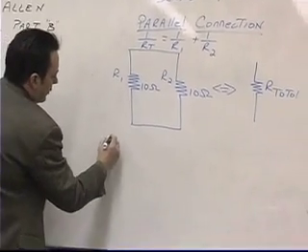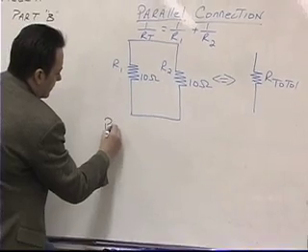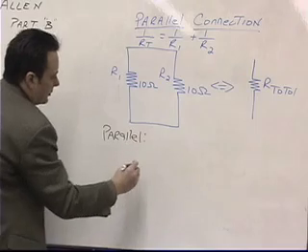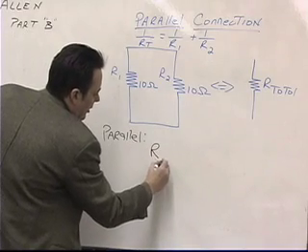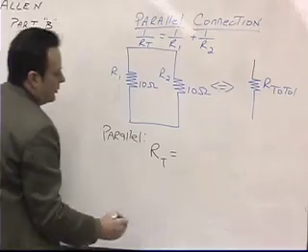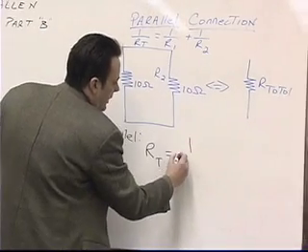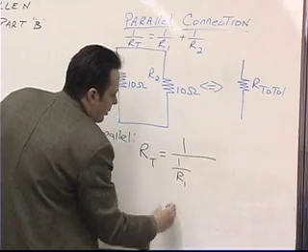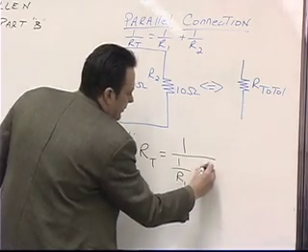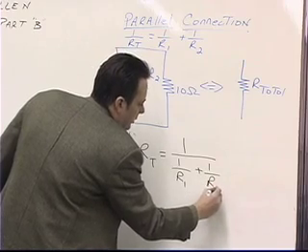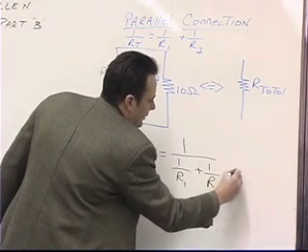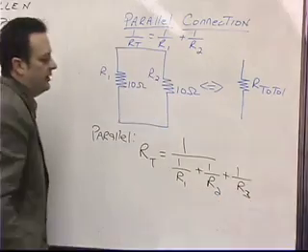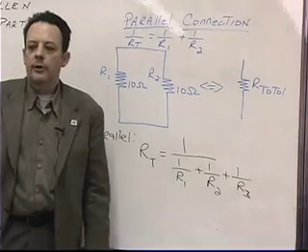It turns out that for parallel resistors, R total is equal to 1 divided by the inverse of R1 plus the inverse of R2 plus the inverse of R3 plus the inverse of R4, and so on.